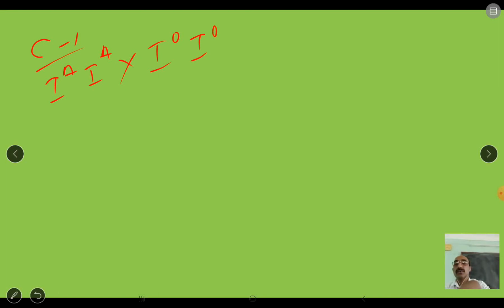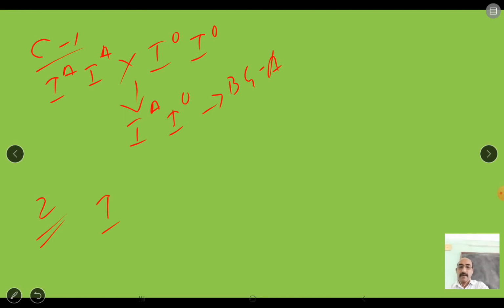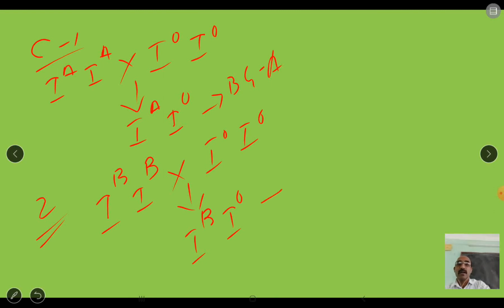The individual produced will be I^A I^O, so the blood group will be A. Now, case 2: I^B crossed with I^O. The individual produced will have the genotype I^B I^O and the blood group would be B.